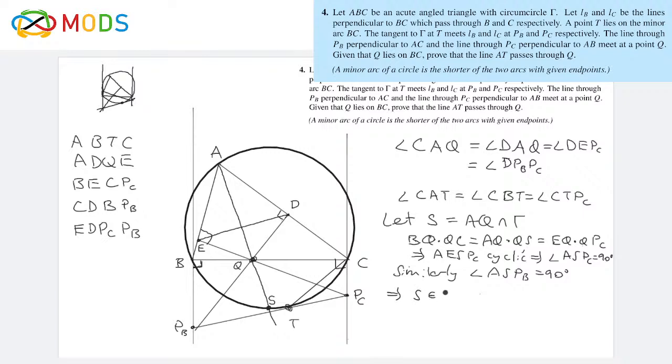S is on gamma. BSPC is a line. S equals T. And that's just done, right?